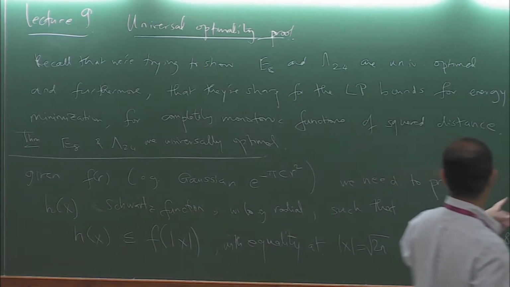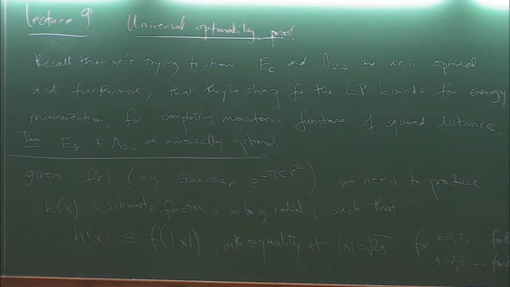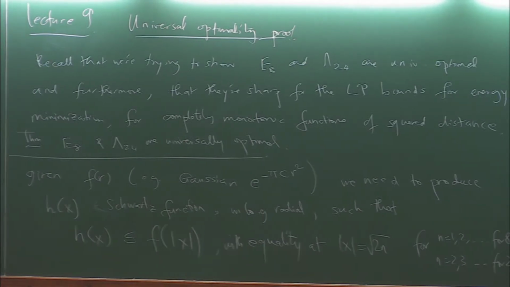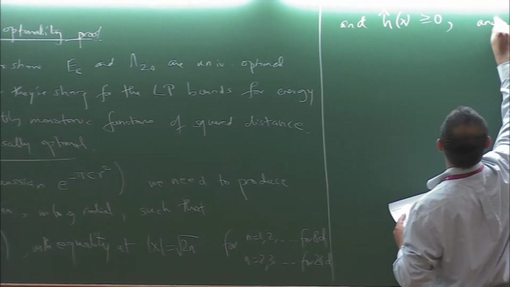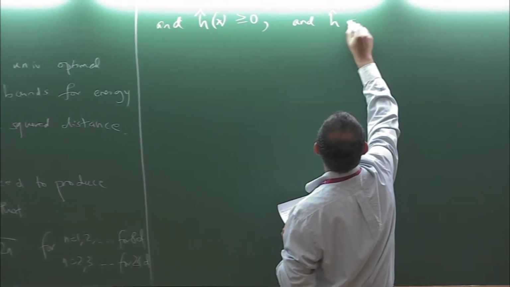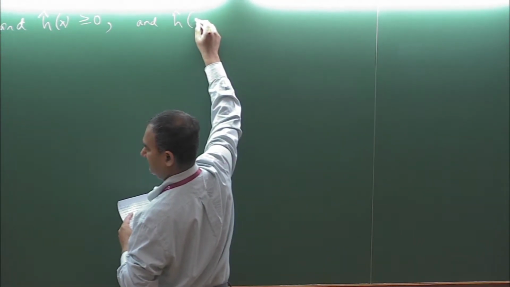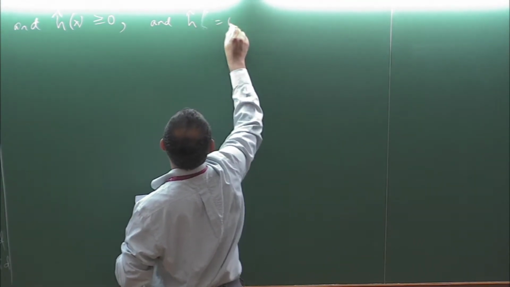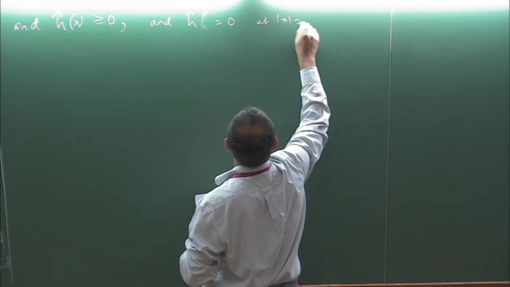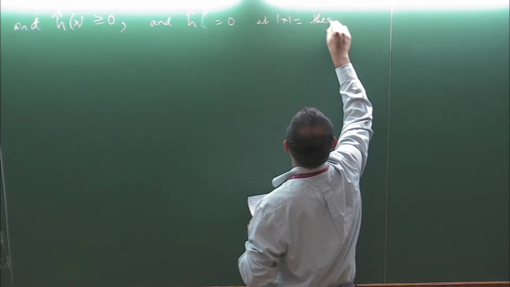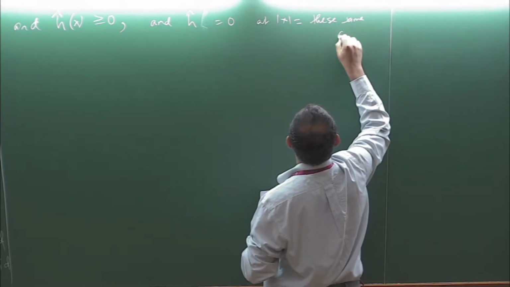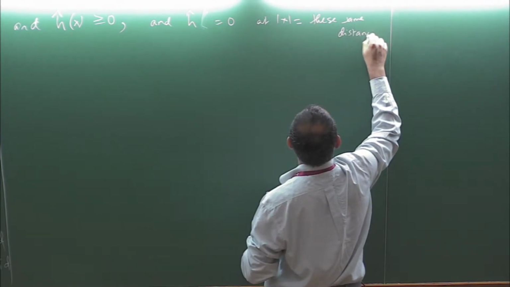And h hat of x is 0 at these same distances for a sharp bound.